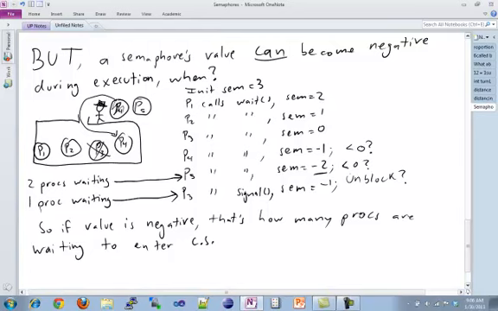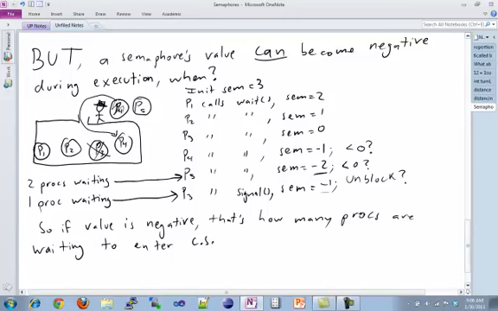When it was -2, there were two processes waiting, P4 and P5. When we let P4 in, it increased to -1, and then there was one process waiting. Okay, cool. And that is all I've got to say about semaphores.